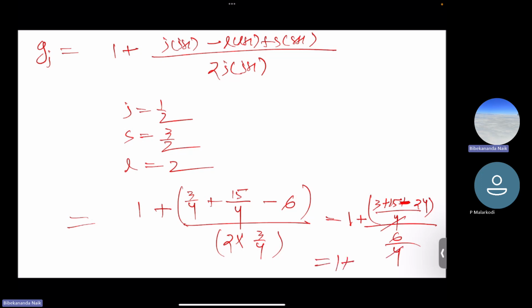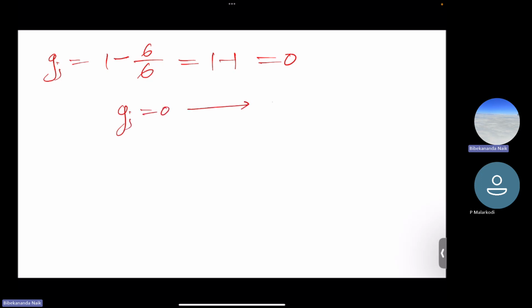It will be 1 plus 15 plus 3 is 18 minus 24, which is minus 6 by 6. So Gj will be 1 minus 6 by 6, 1 minus 1, 0. So since Gj is 0, delta E will be 0.